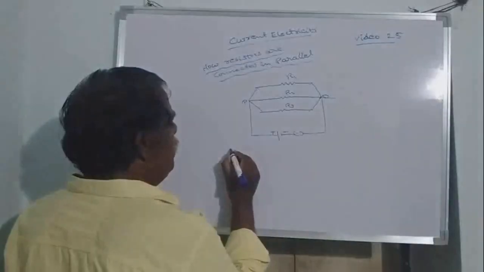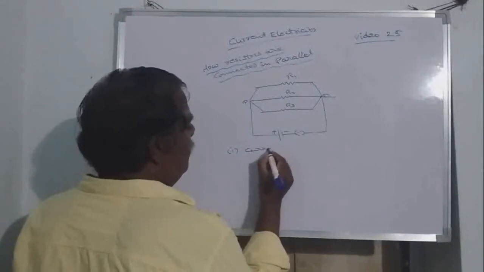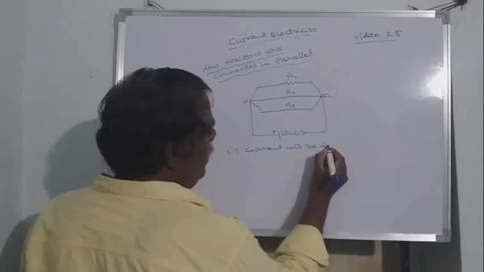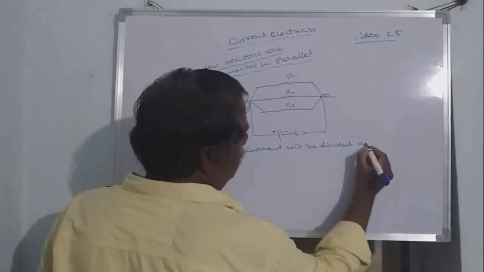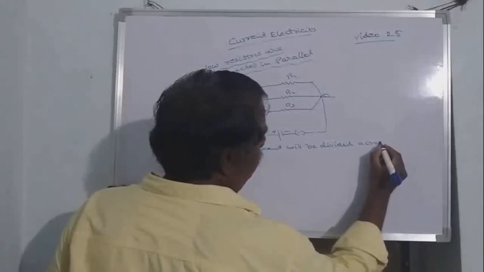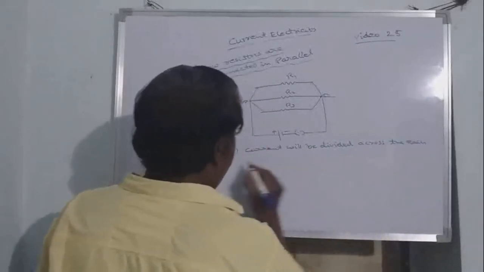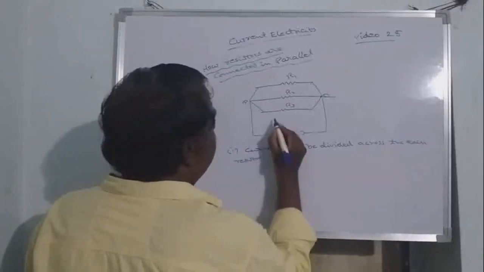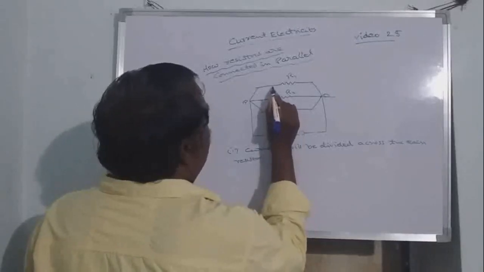What we have to remember in parallel combination is that the current will be divided across each resistor. That means here it will be I3, I2 and I1.